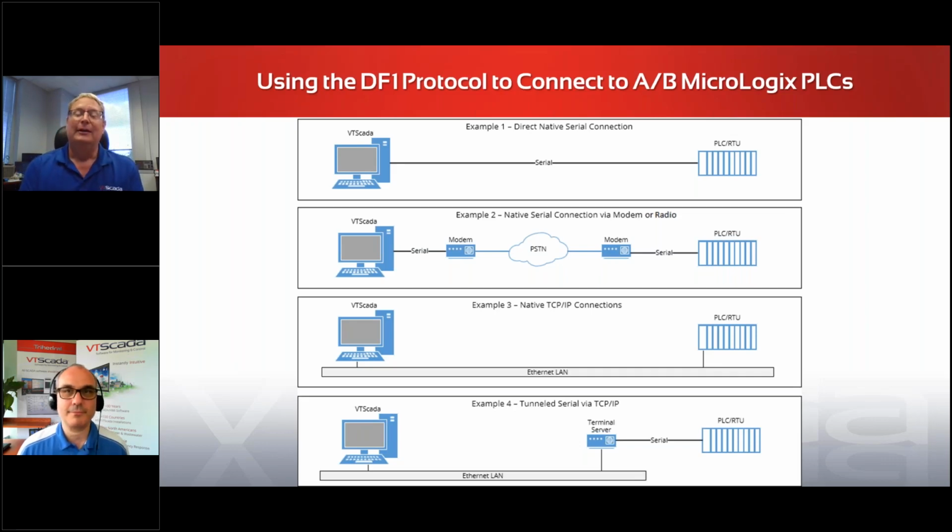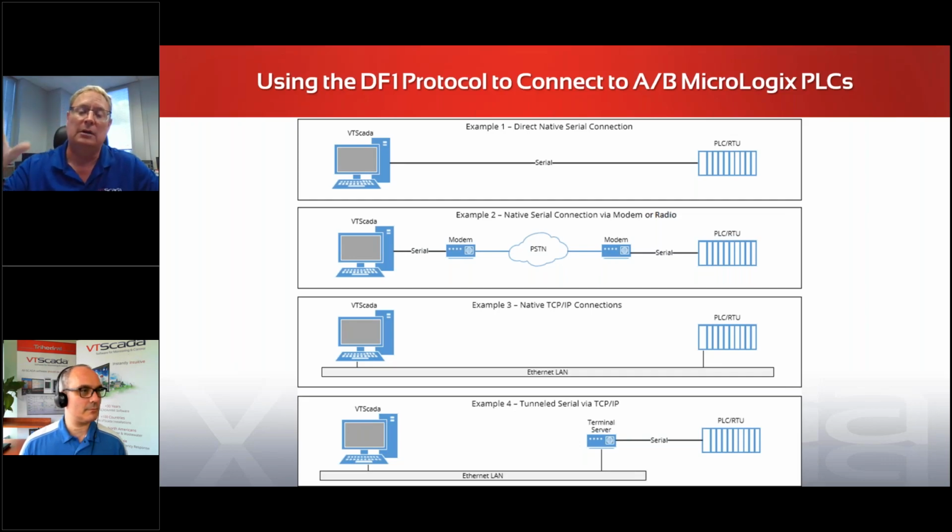Okay, so you would have to have a radio for each of the devices, obviously, and a master radio. In that case, you would probably want to use a poll driver. That way you can configure the polling sequence.